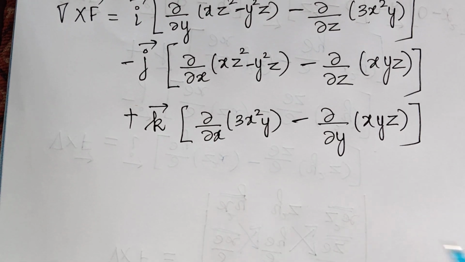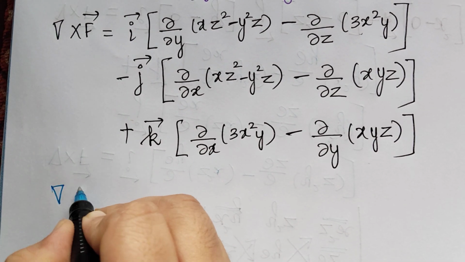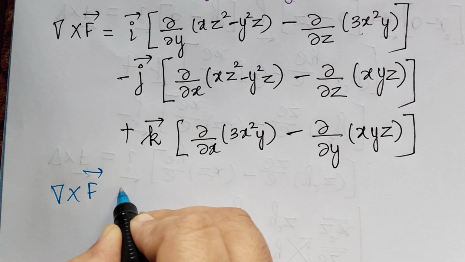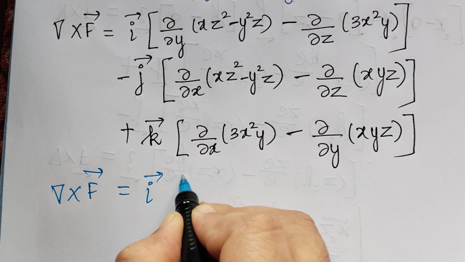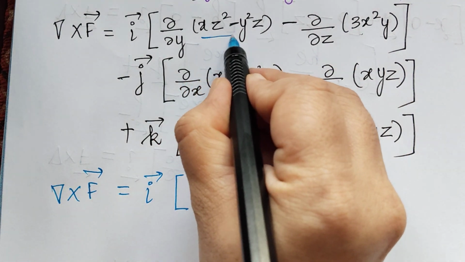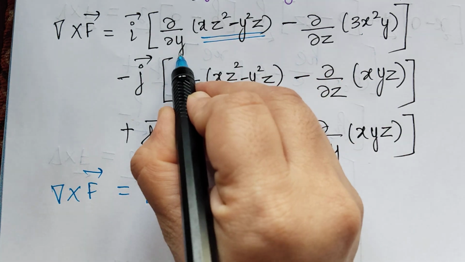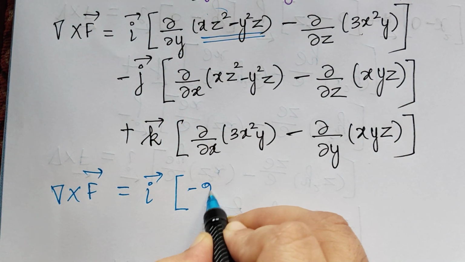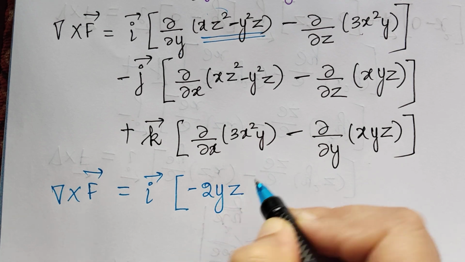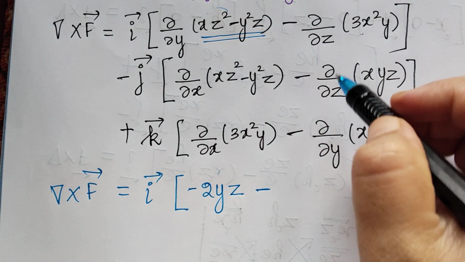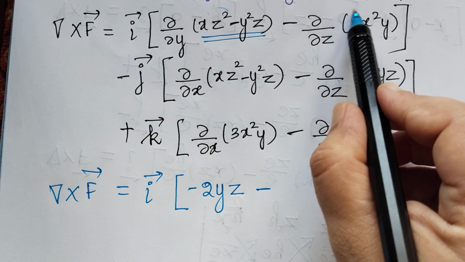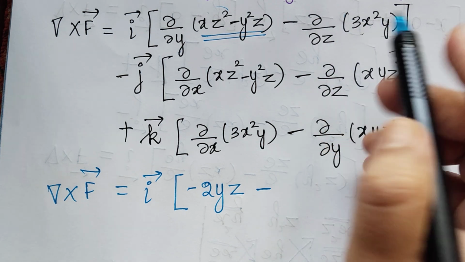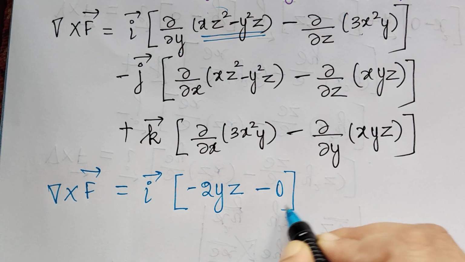So therefore, del cross f vector will be equal to i vector multiplied with, what is the partial differentiation of this with respect to y? This will become 0. Here you will have minus 2yz minus the partial differentiation of this with respect to z. We do not have z over here, so it will be 0.